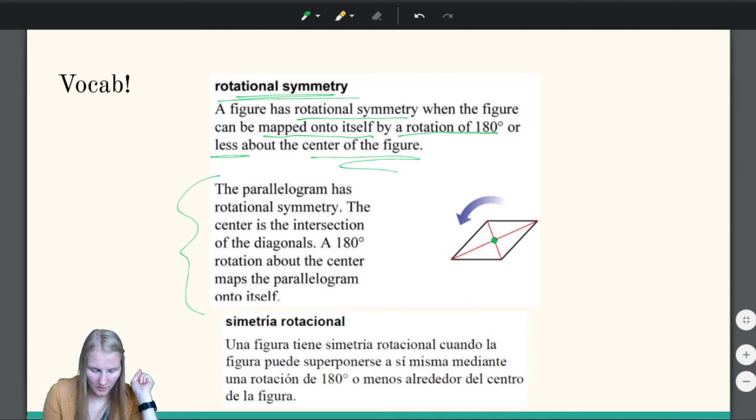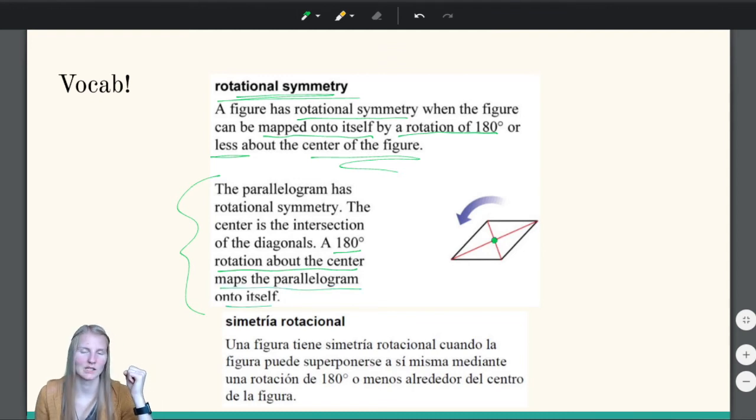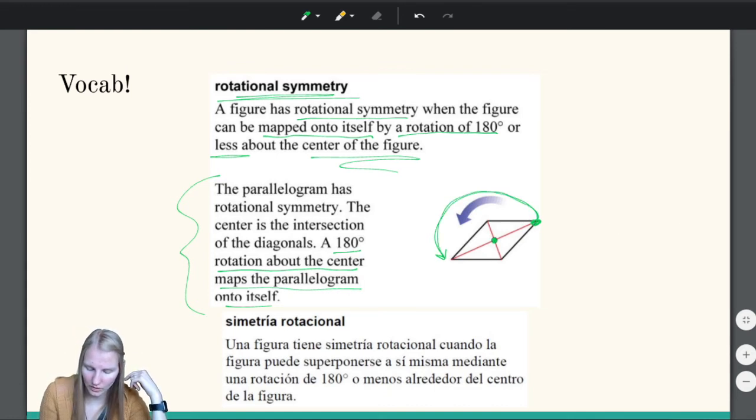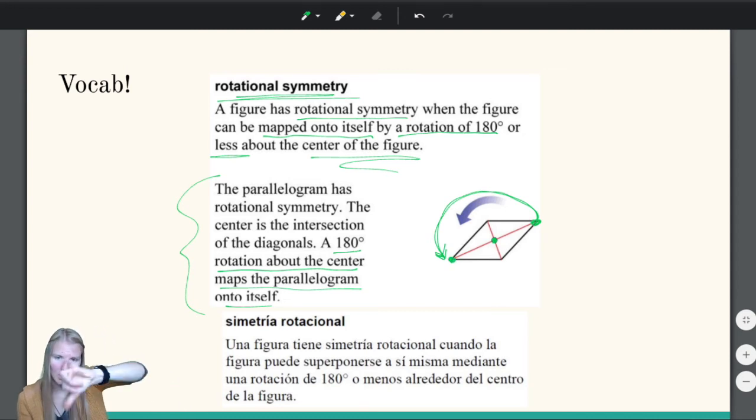So, this parallelogram does have rotational symmetry because a 180-degree rotation about the center maps the parallelogram onto itself. If I take this point and go 180 degrees, and remember, 180 degrees is half of a circle, so I'll go half a circle around.